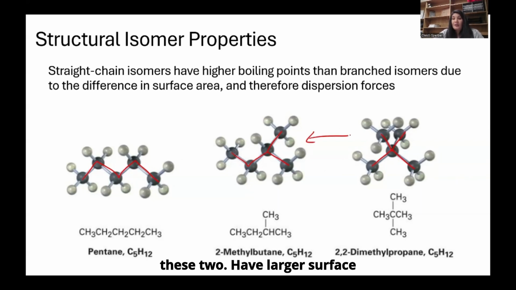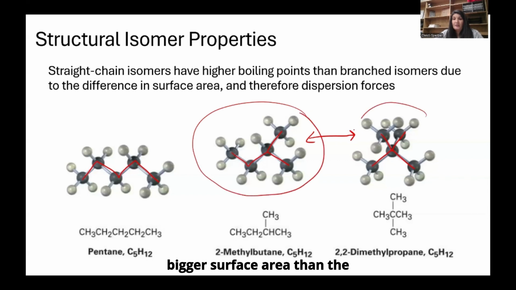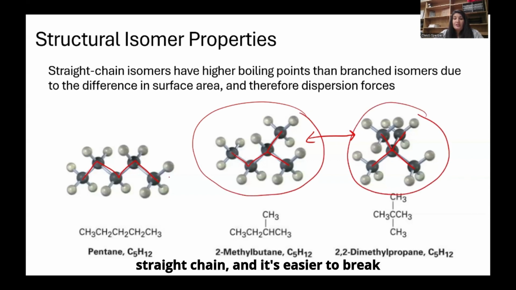These two have larger surface areas. They're bigger, right? They have a bigger surface area than the straight chain, and it's easier to break those bonds. And therefore, it has a lower boiling point because it's easier to break those bonds than the straight chain.